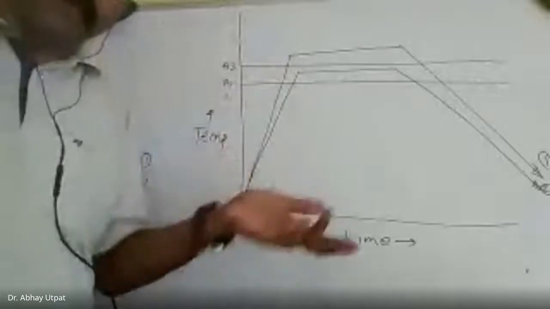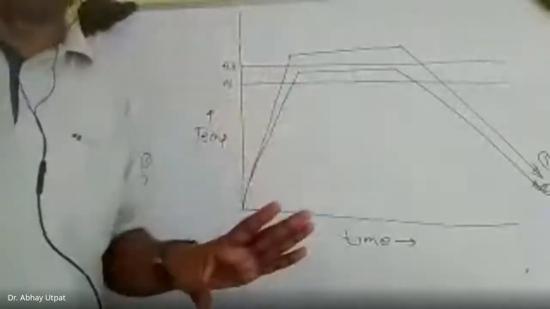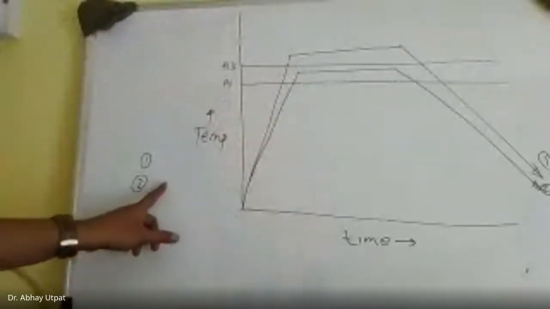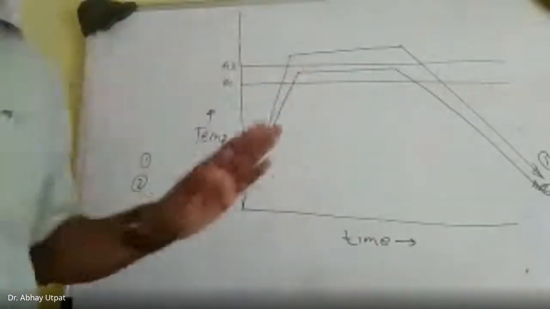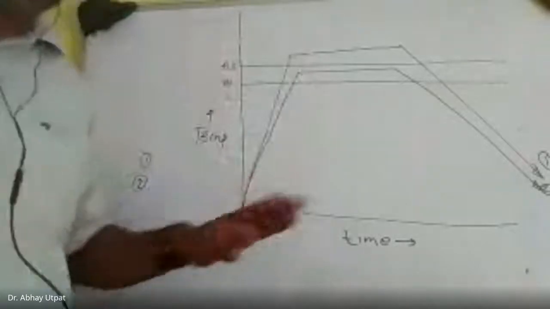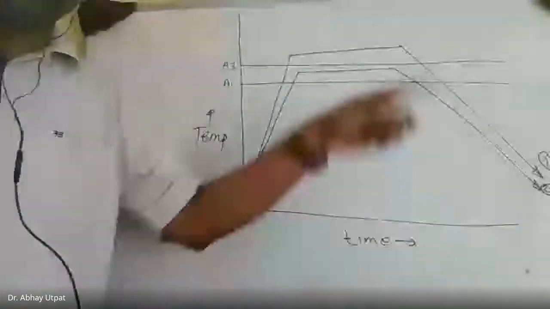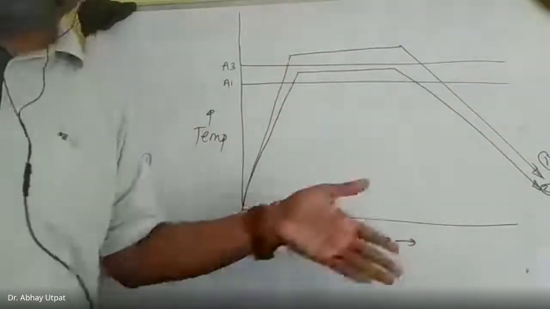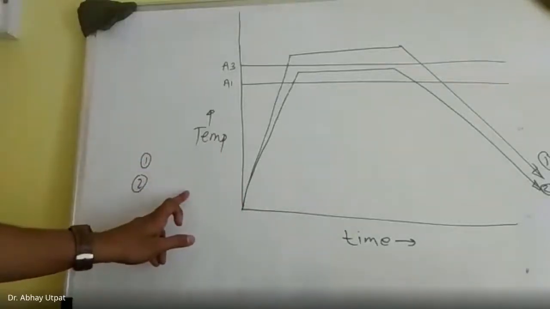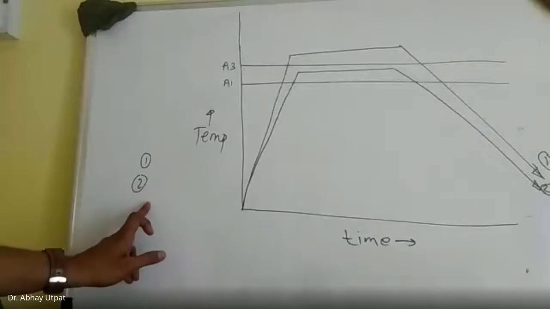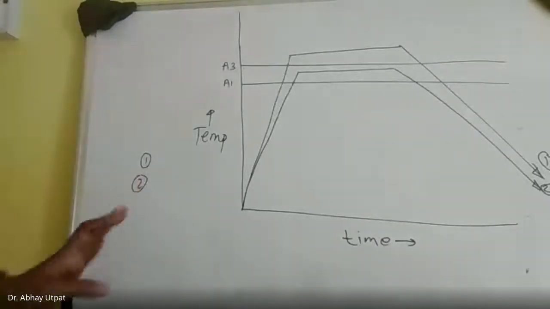That is why full annealing of hypereutectoid steel becomes partial annealing. So you write second, partial annealing. Partial means 100% austenite is not produced. I will give that demo with microstructure after this bit. So, partial annealing for hypereutectoid steel.